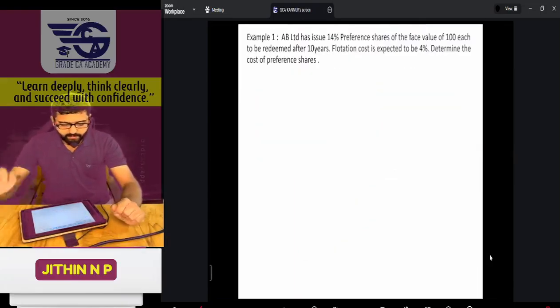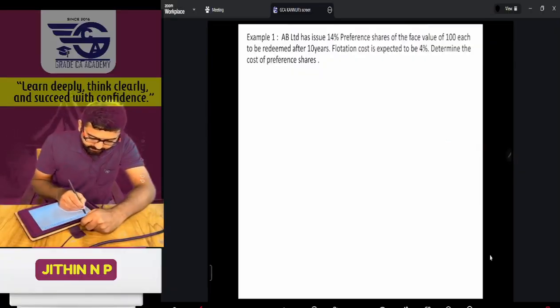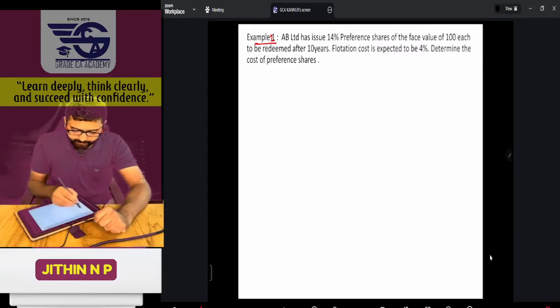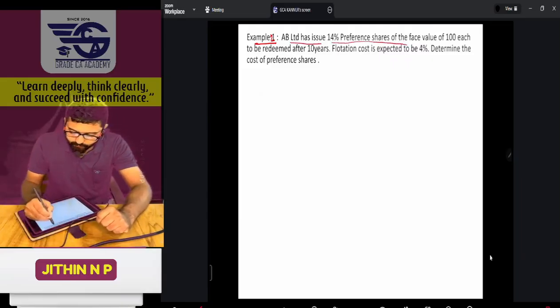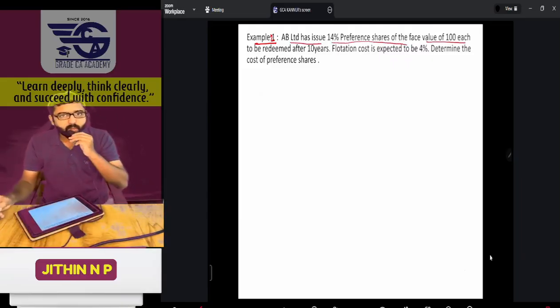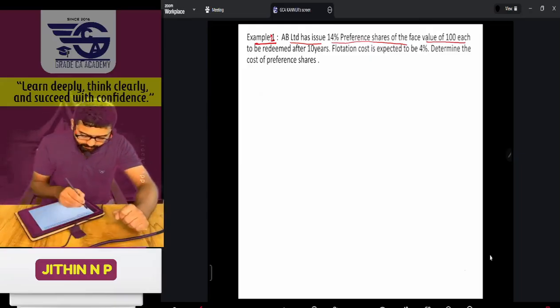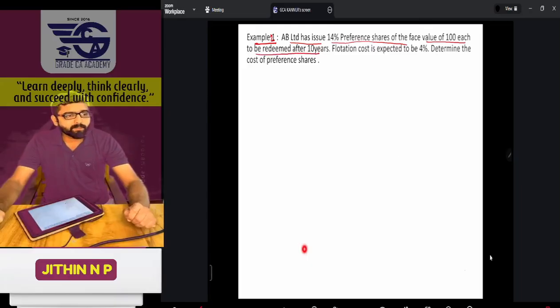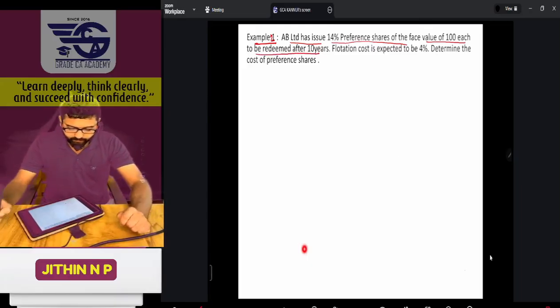Okay. Another example, example 2. AB Limited has issued 14% preference shares of face value 100 each, to be redeemed after 10 years.